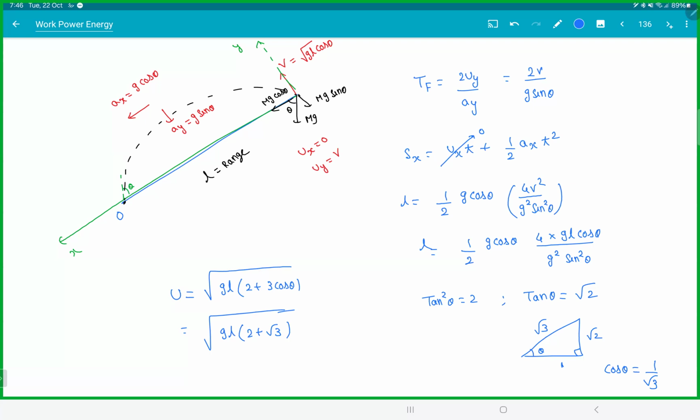Check. Any doubts on this? Clear everyone? Vihan, got your mistake?